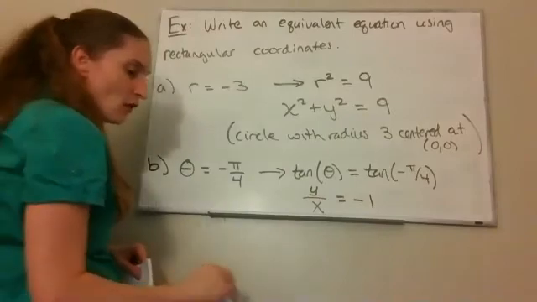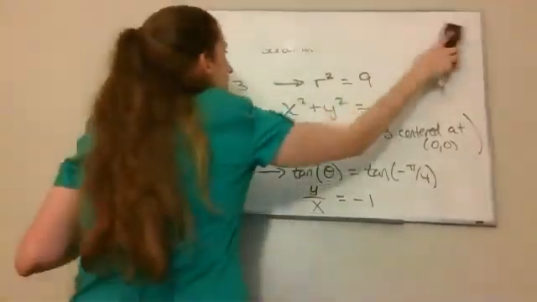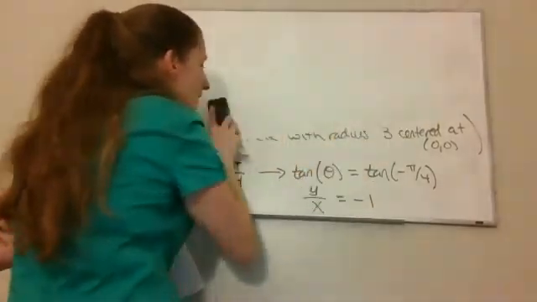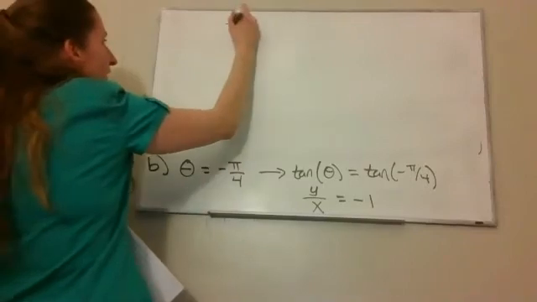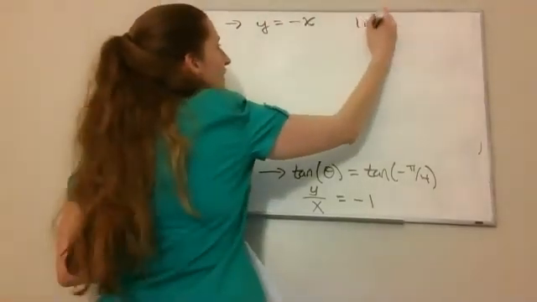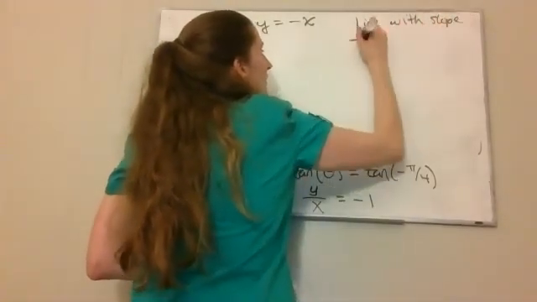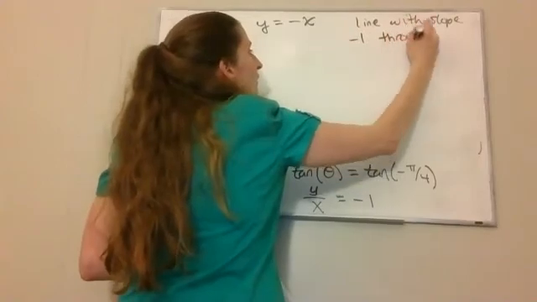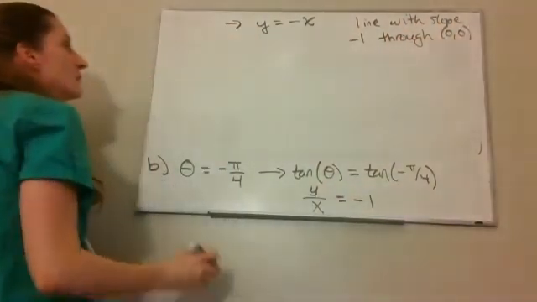And then I can solve that for y to get a standard rectangular coordinate equation. I'll have y equals negative x, which is a line with slope negative 1 through the origin, 0, 0.